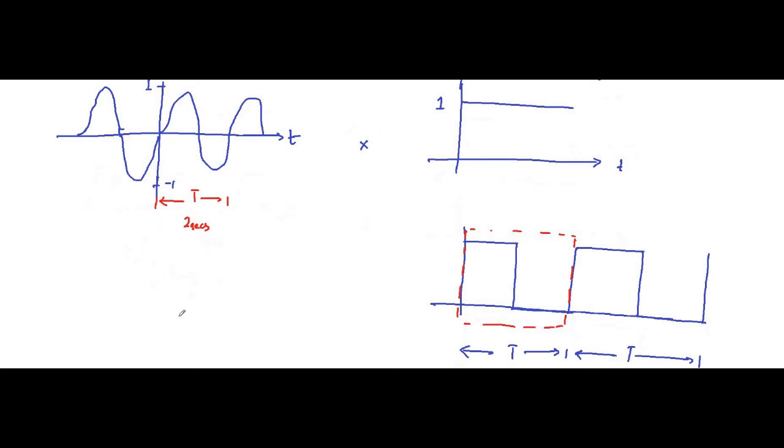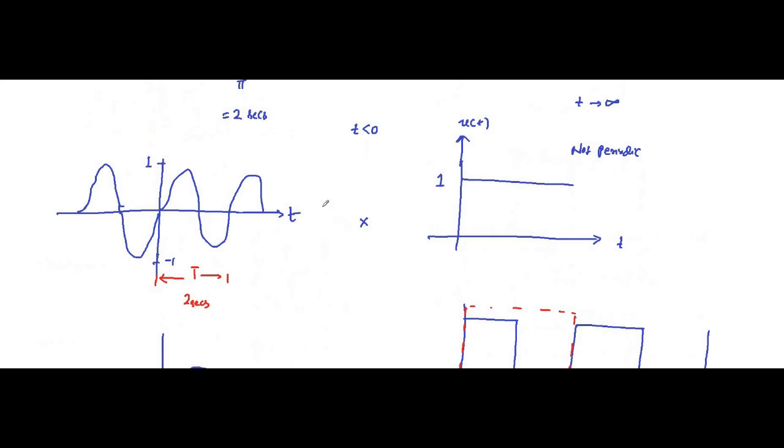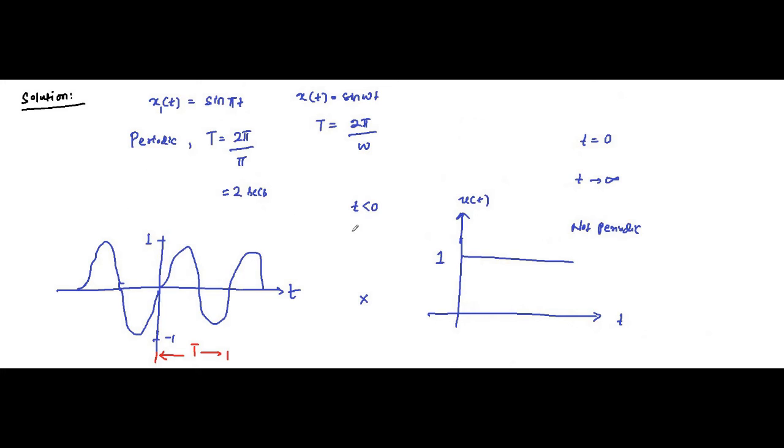It would be something like this, only for positive time, and it is 0 for t less than 0 because the unit step is 0 there. So the product of x1(t) = sin(πt) and x2(t) = u(t) is non-periodic.